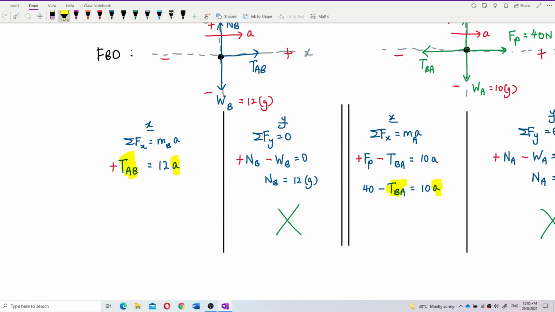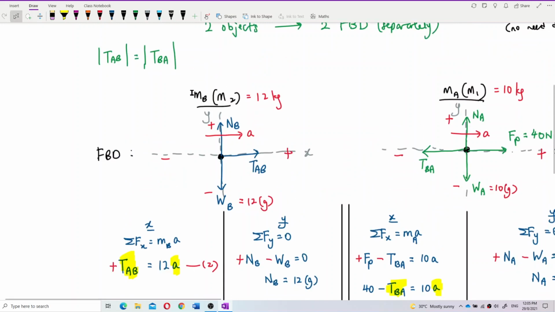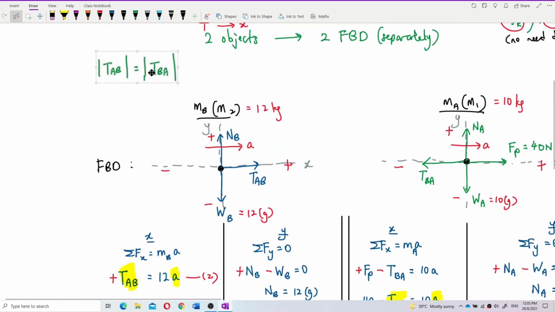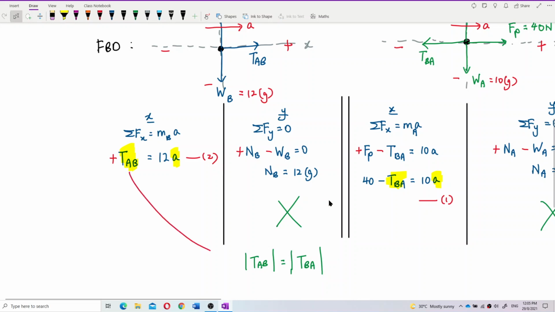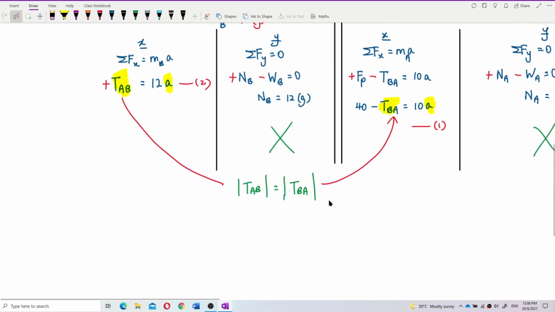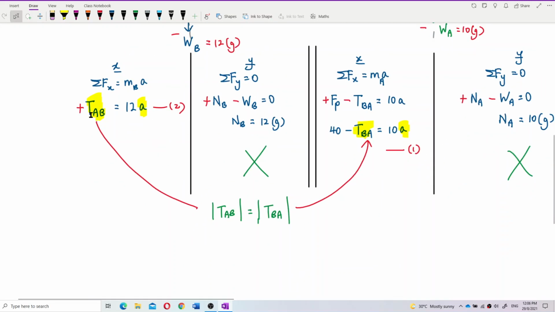So here we have two equations, just like equation 1 and equation 2. Another thing is that TAB equals TBA.